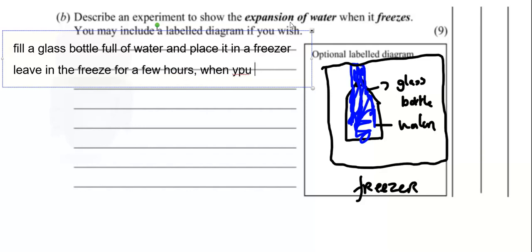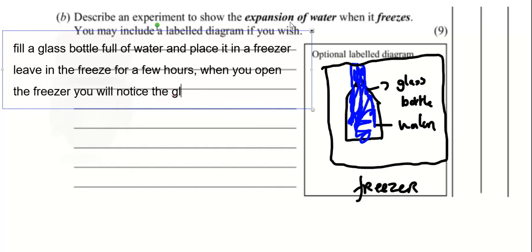When you come back, when you open the freezer, you will notice the glass has broken.